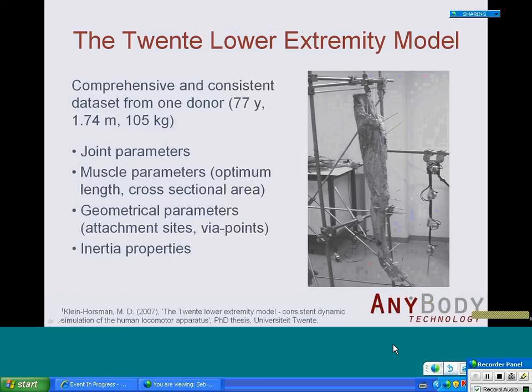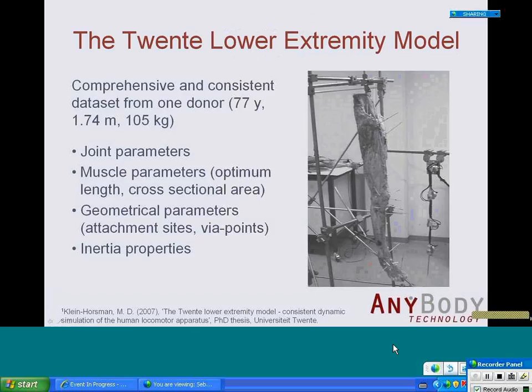He measured in a very detailed way all the joint parameters, which means joint angles, joint axes and joint axis coordinates. He also measured the muscle parameters in terms of optimal length and cross-sectional area, and of course the geometrical parameters for the muscles and for the ligaments, which means the attachment sites and the via points of the muscles, and the inertial properties of all the segments involved.